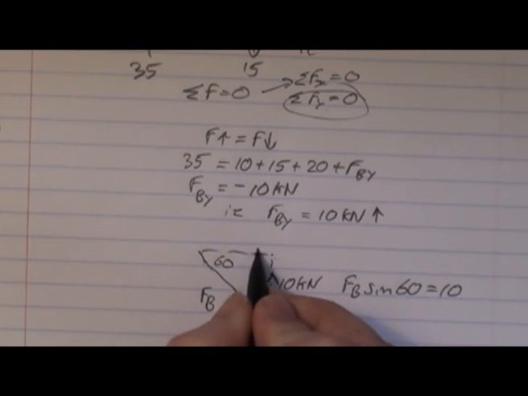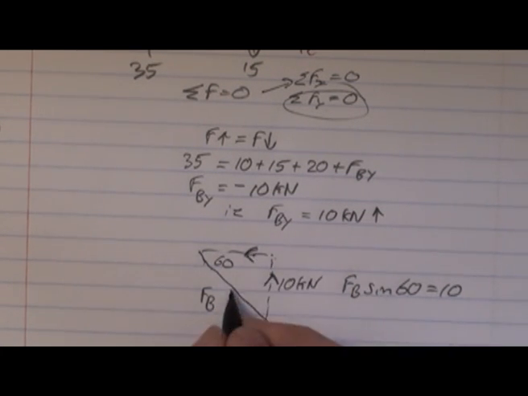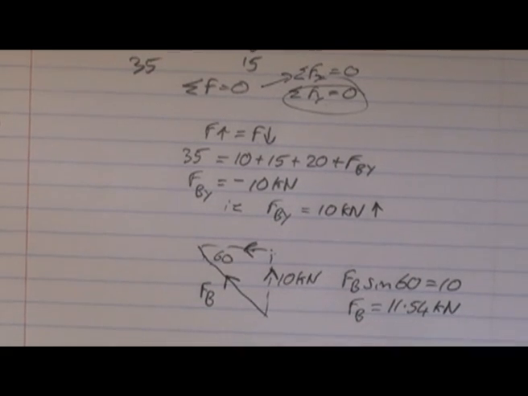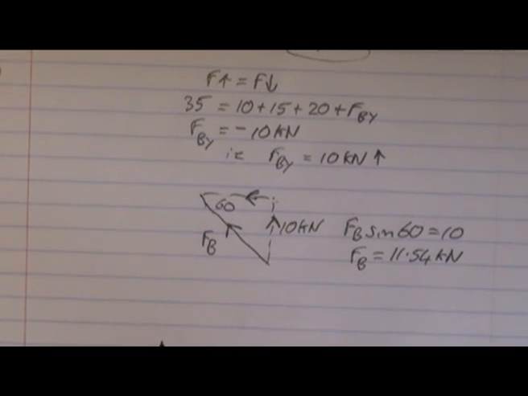If that's going up, this one must be going that way, FB must be going that way for its components to be that way. Take this, rearrange it, we find that FB must equal 11.54 kilonewtons. So that's the size of my three.